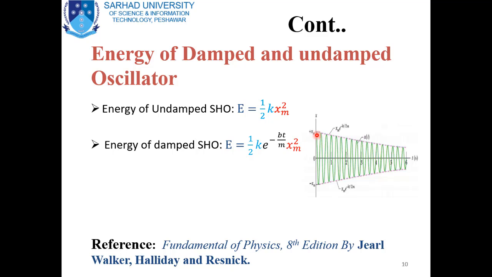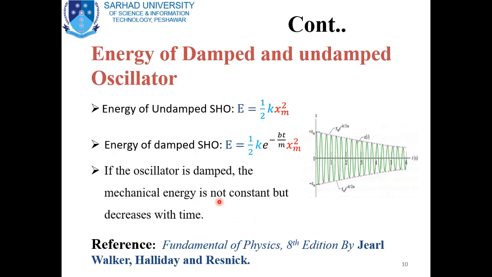Initially we have the maximum displacement, and as time goes the amplitude decreases exponentially. So if the oscillator is damped, the mechanical energy is not constant but will decrease with time. So this energy depends upon time.